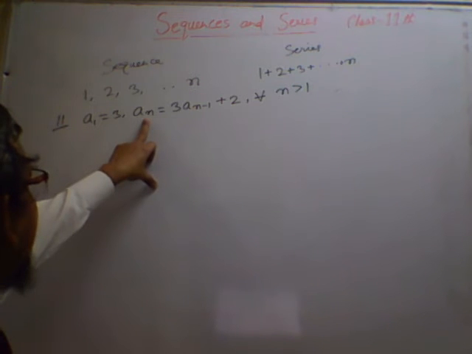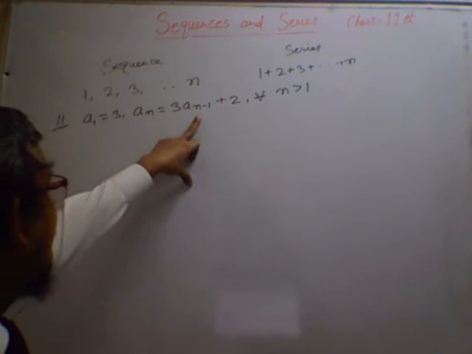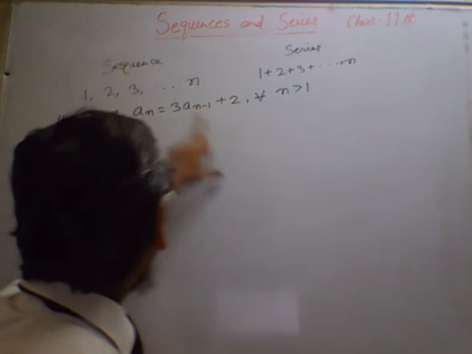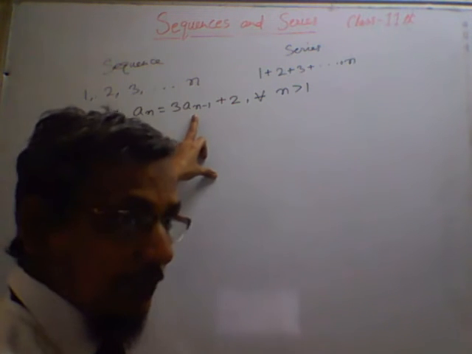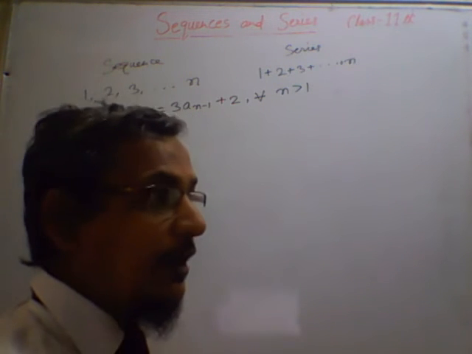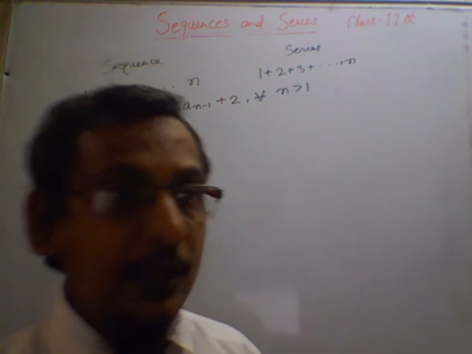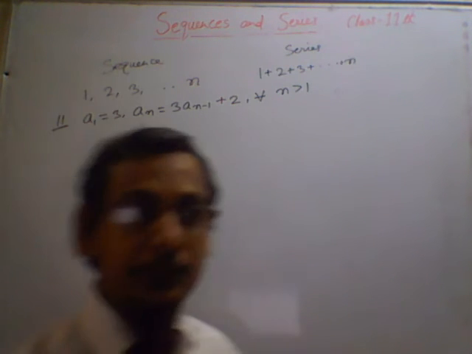Look, what is the difference between an and an minus 1? An is the nth term and an minus 1 is the n minus 1th term. Means if the nth term is 23, then the n minus 1th term is 22.